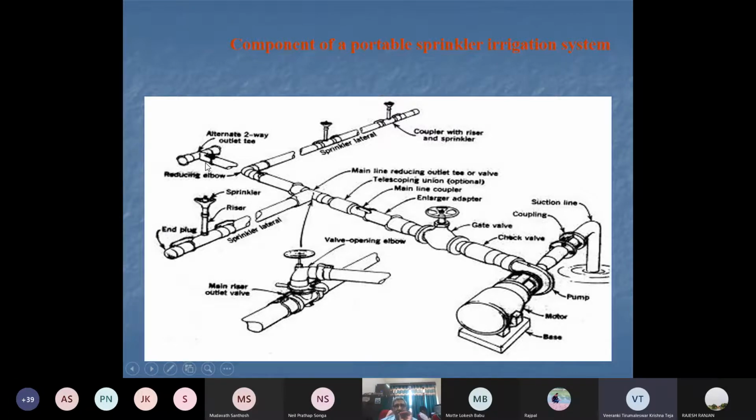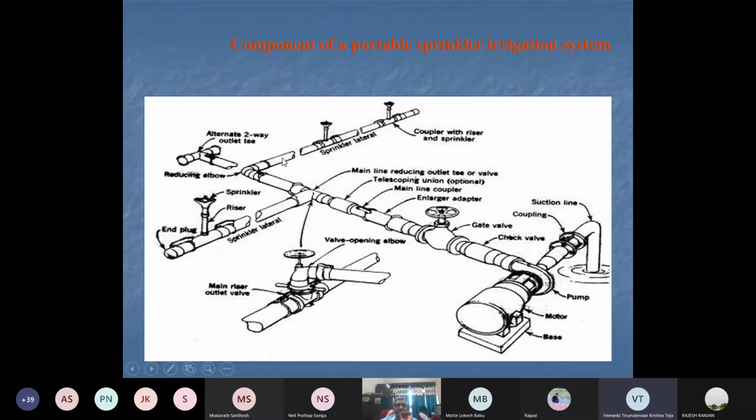Earlier it used to be alloy, cast iron, as well as aluminum. Now PVC or HDPE plastic pipelines are being used for sprinkler pipelines. So the elbow is provided, and this elbow is connected with another sprinkler pipeline.